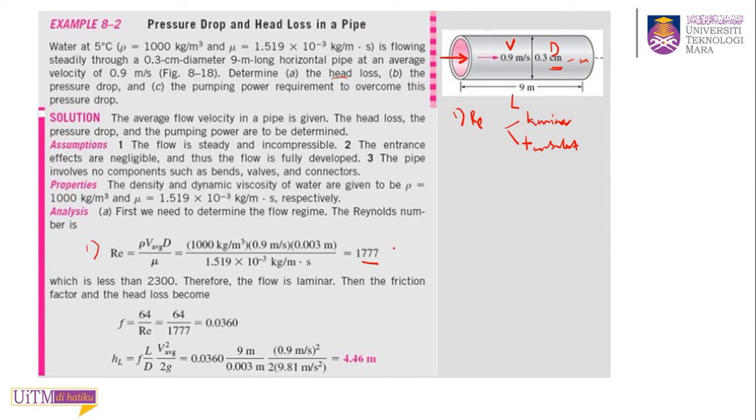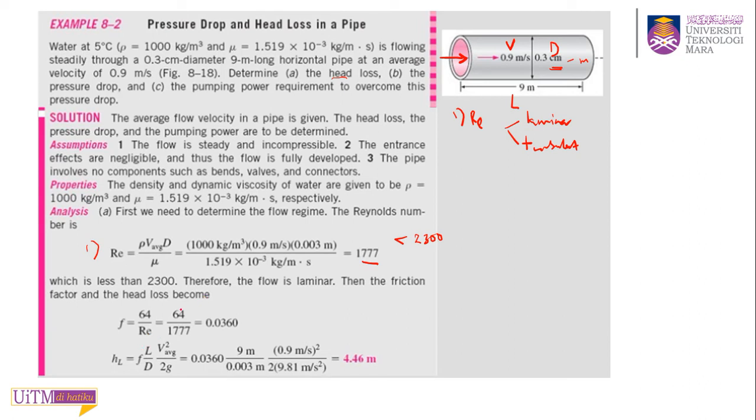Because this is less than 2300, that means your flow here is in a laminar condition. So because it's a laminar condition, you can use the simpler equation to find your friction factor, which is 64 over Re.